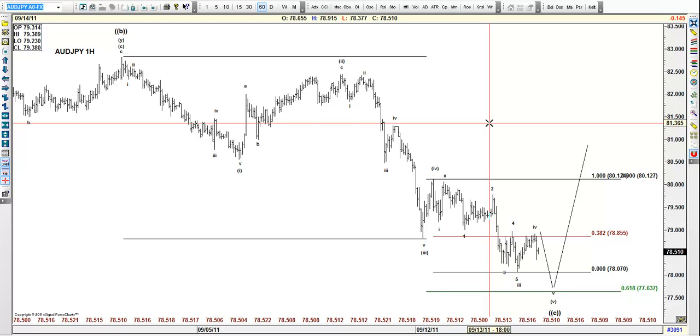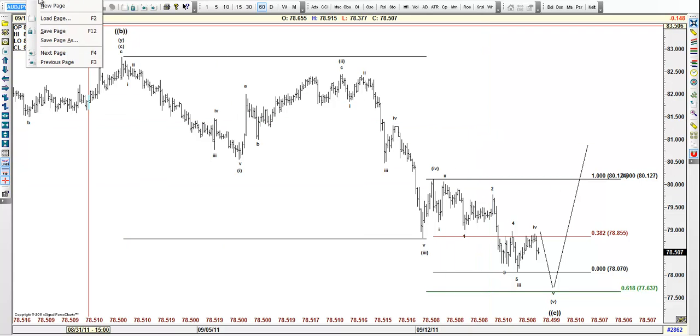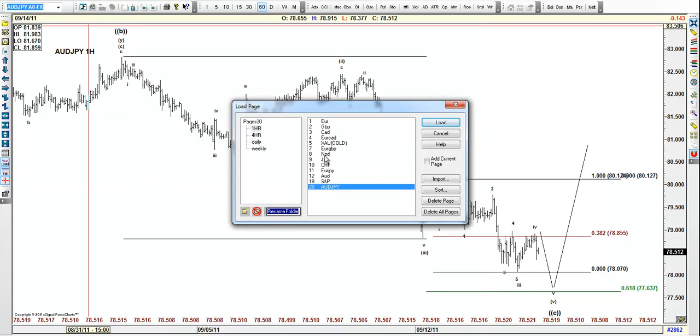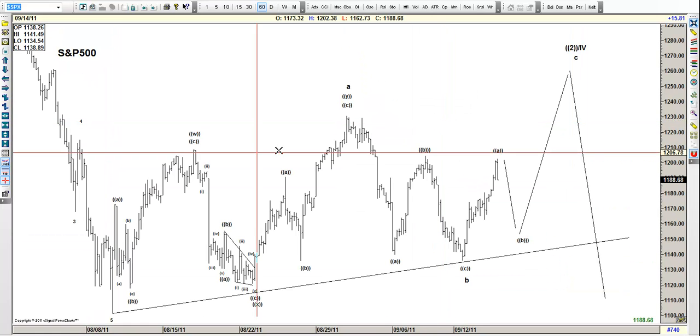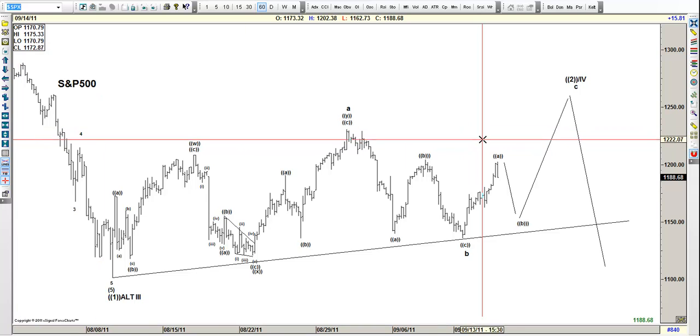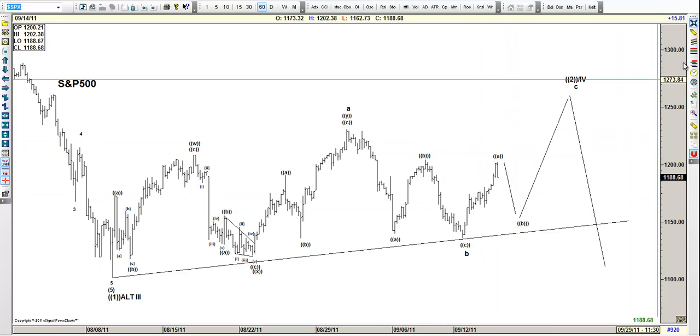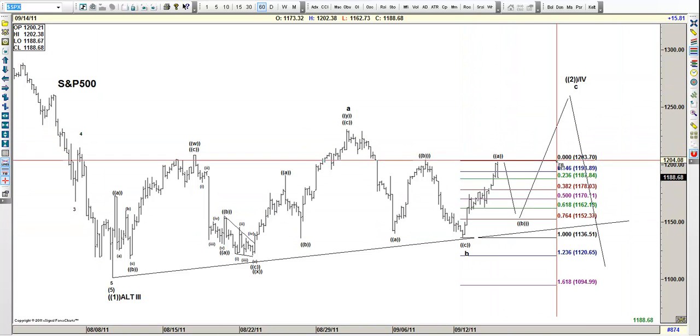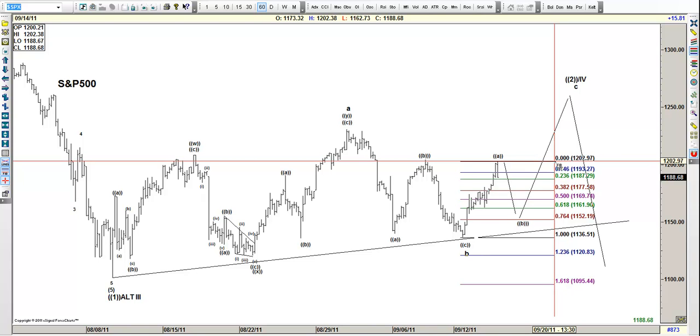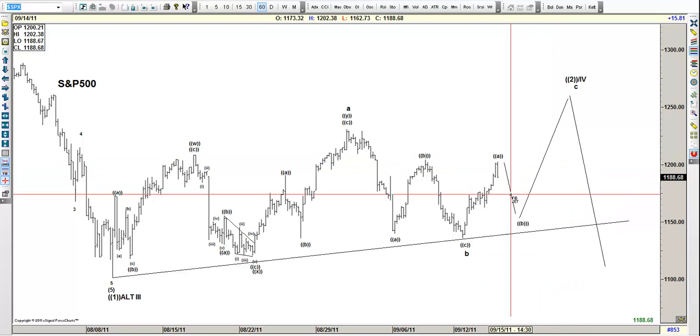So it's a well-defined structure, but the Aussie yen is a very risky pair. In other words, looking only at this pair, we see that the downside in the S&P is very limited. So that's why, going to the S&P, this is the count that we presented, a count where we believe that maybe tomorrow we're going to get a drop in the S&P, no question about it, to around 1161 or 1170.